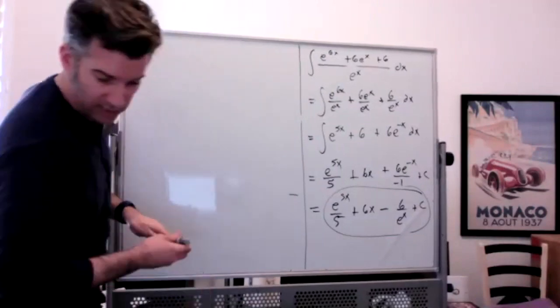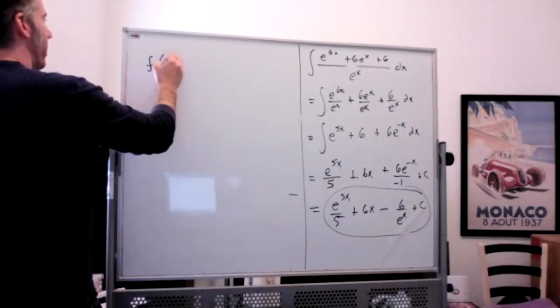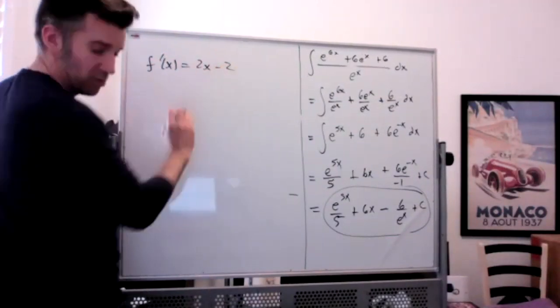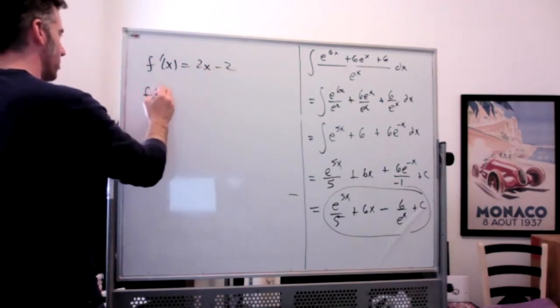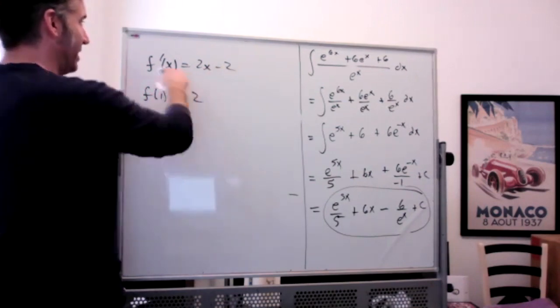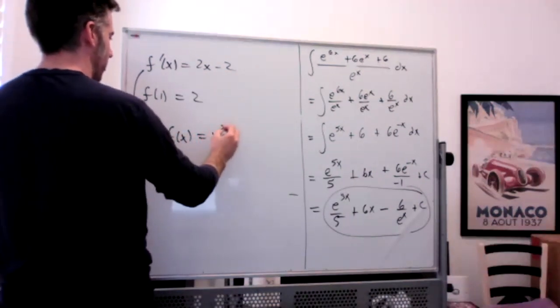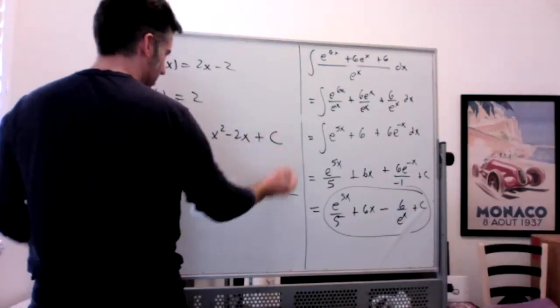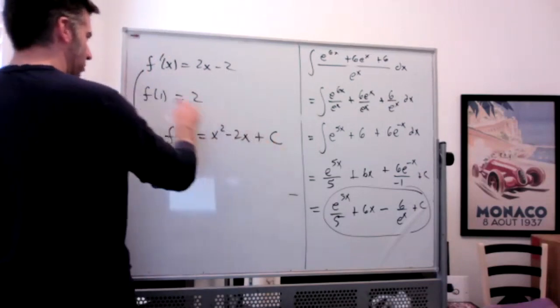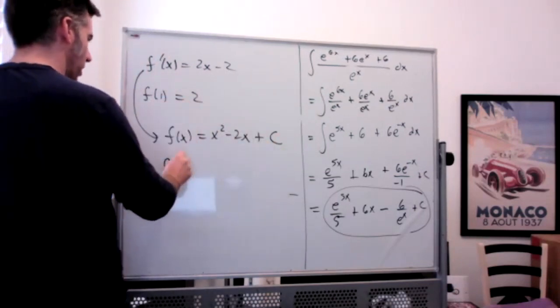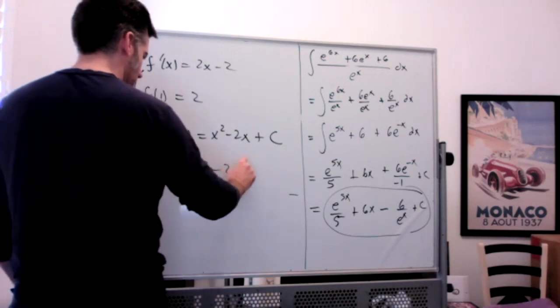The problem was this. It was f prime of x equals 2x minus 2, and f of 1 equals 2. Find f of x. So anti-differentiate this. The antiderivative is x squared minus 2x plus c. And then to find the c value, plug in the 1. So f of 1 equals 1 minus 2 plus c.